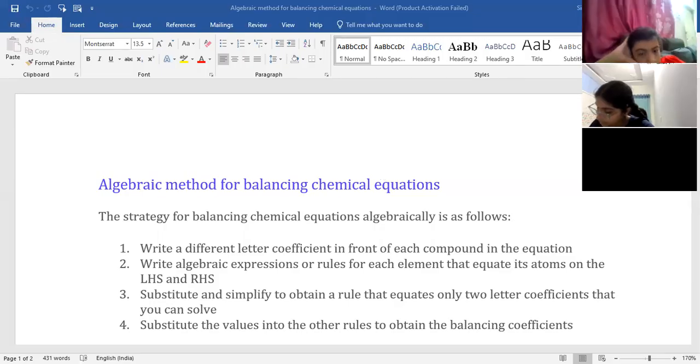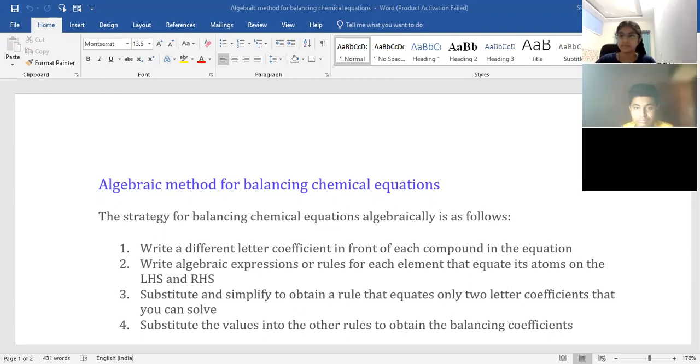So what are the 4 rules in balancing a chemical equation using the algebraic method? What is the first one? Write a different letter coefficient in front of each compound in the equation.